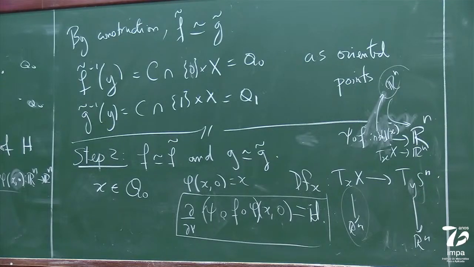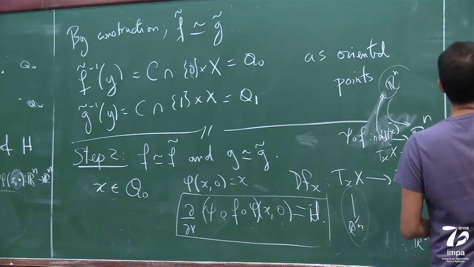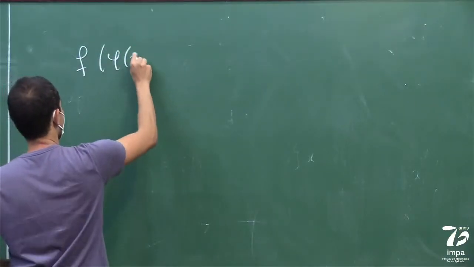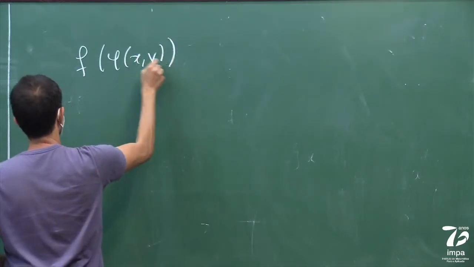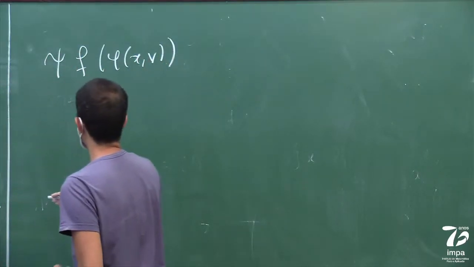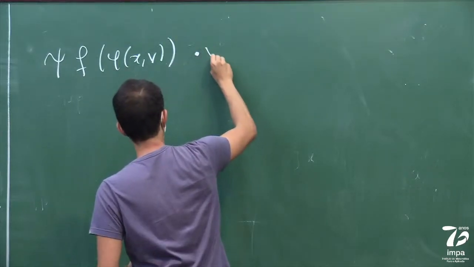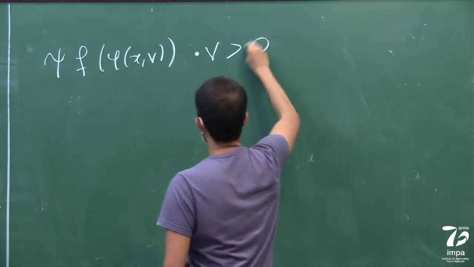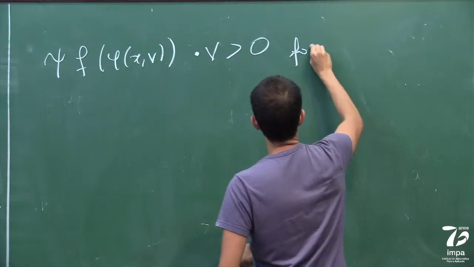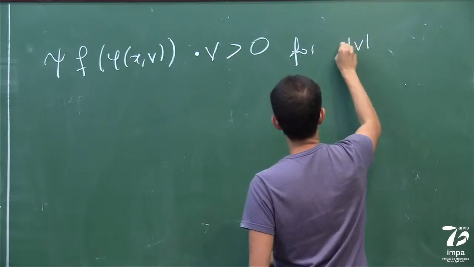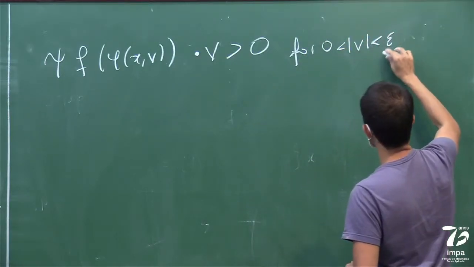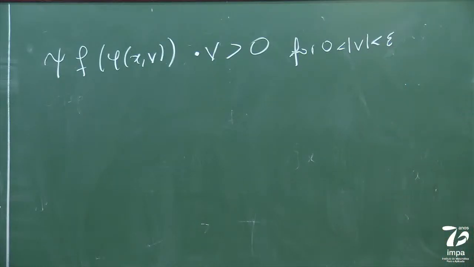What I want to say now, and this is the condition that we'll need to construct the homotopy, is that if you look at f of phi of xv and apply the stereographic projection, when you take the inner product with v, this is going to be positive for norm of v sufficiently small. So that's the condition that we're going to need.